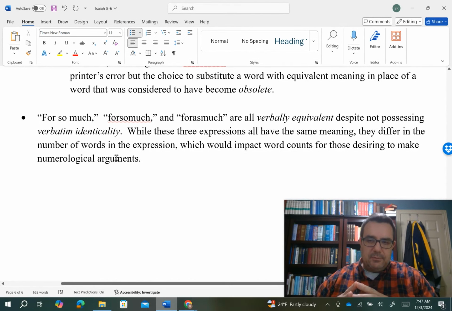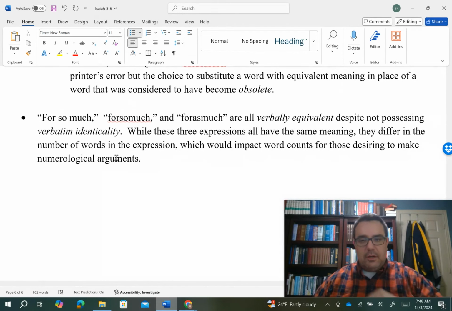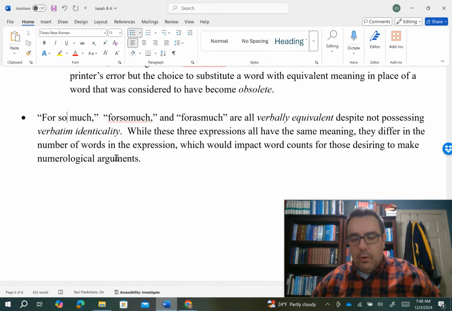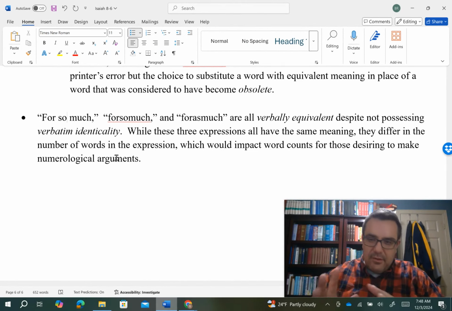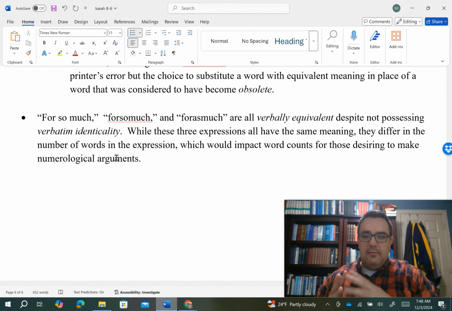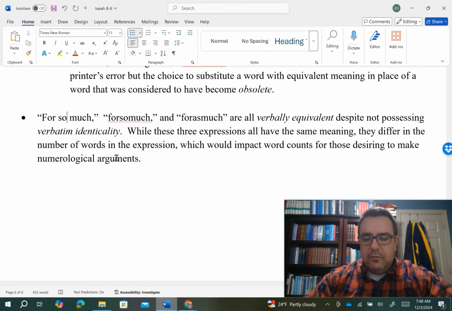And my point here is these forms, "for so much," three words, "forasmuch," one word, "for as much," okay? They're all verbally equivalent, even though they're not possessing verbatim identicality, but they would impact word counts for these folks that are wanting to count words.